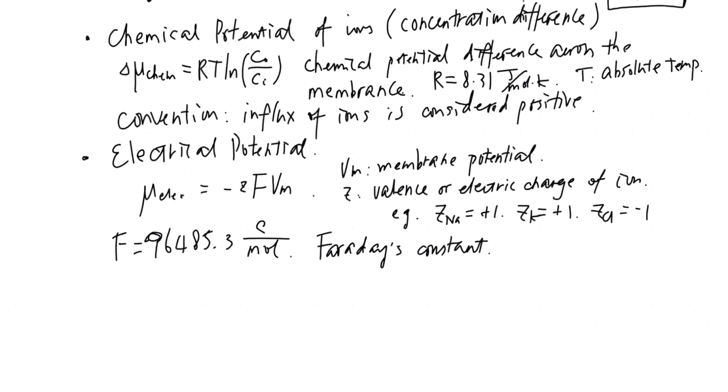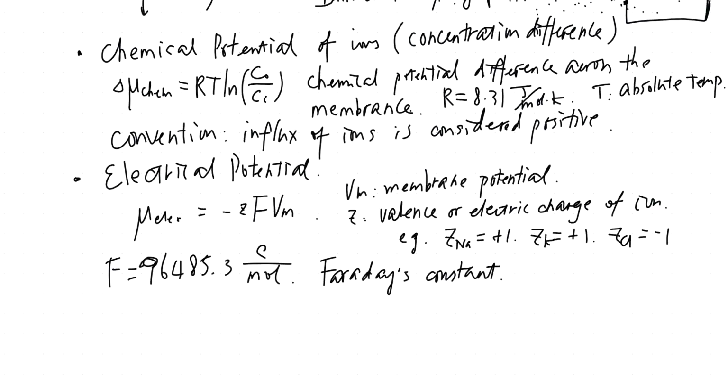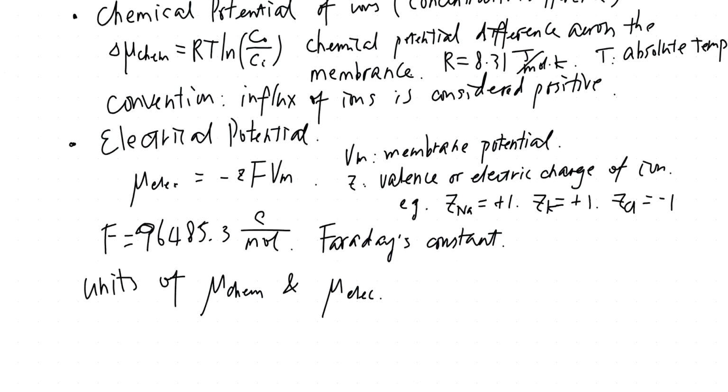Now let's figure out the units of the chemical potential and the electrical potential. For the chemical potential, we talked about dimensions in the first lecture. If you have a logarithm, the argument must be dimensionless. That's why you see C naught divided by Ci.